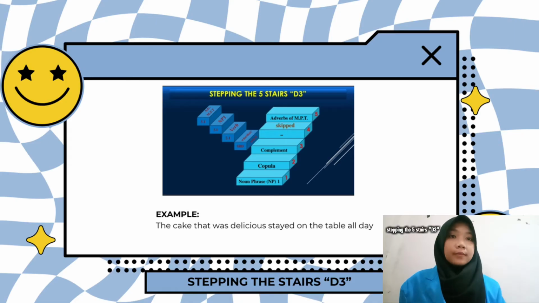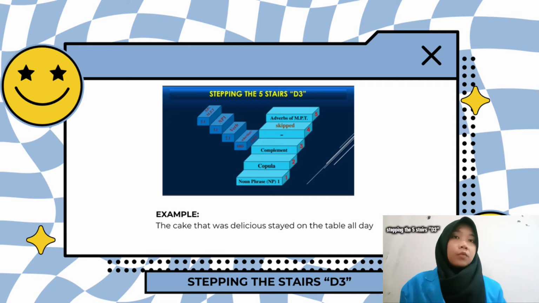Okay, next slide. We move to the stairs D3, sentence with to be or linking verbs. We use D3 when the sentence uses is, am, are, was, or were, followed by a description. As you can see, in the main stairs number 1 is NP1, stair number 2 is copula, stair number 3 is complement, stair number 4 is skip, and then stair number 5 is adverb of manner, place, and time.